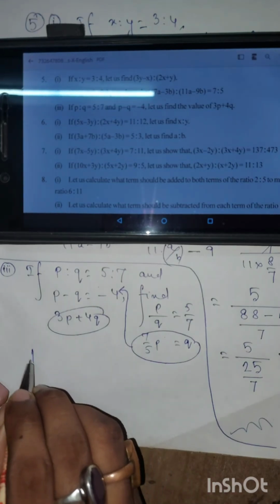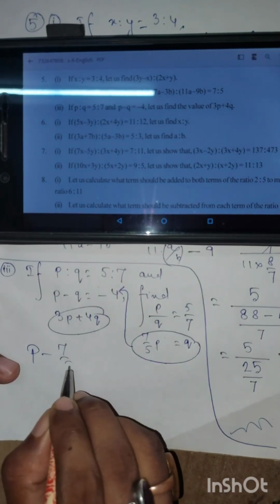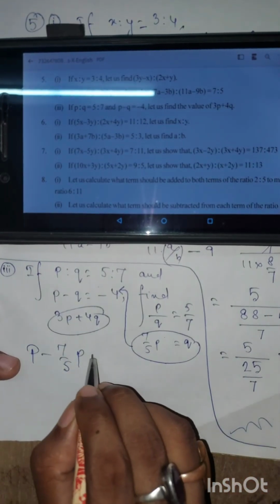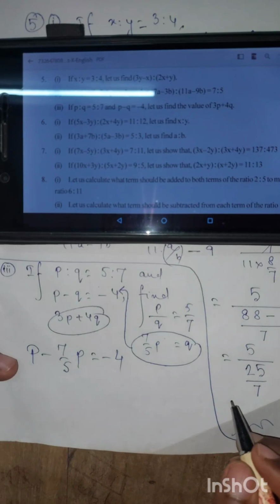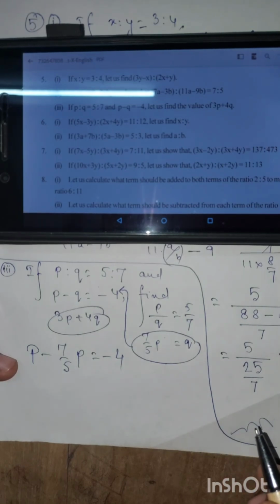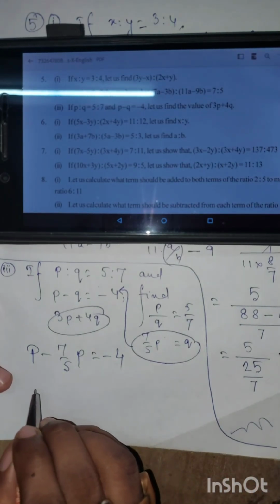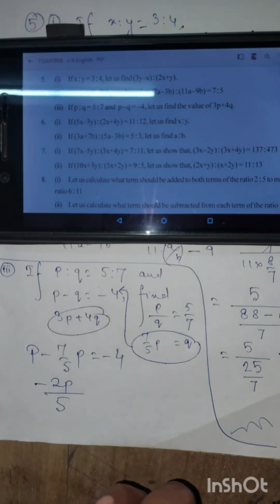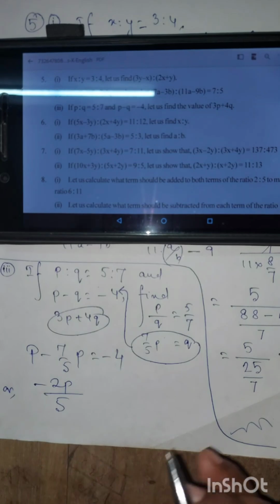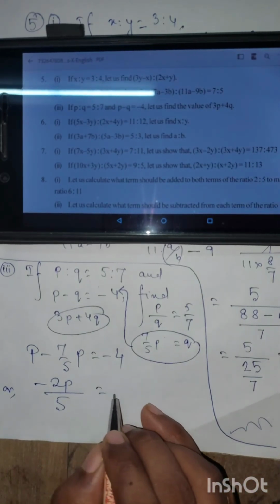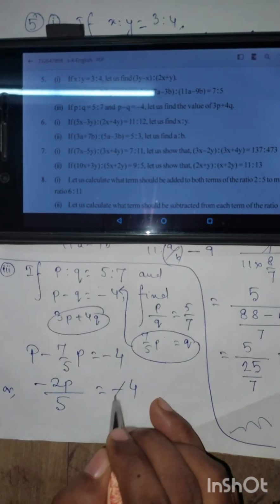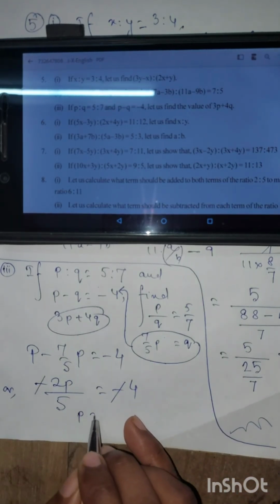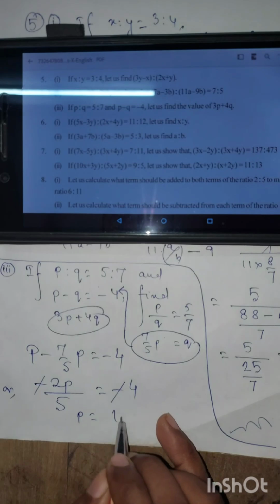So P minus 7 by 5 P equal to minus 4. So it becomes minus 2P by 5 is equal to minus 4. So minus minus get cancelled. So P is equal to 10.